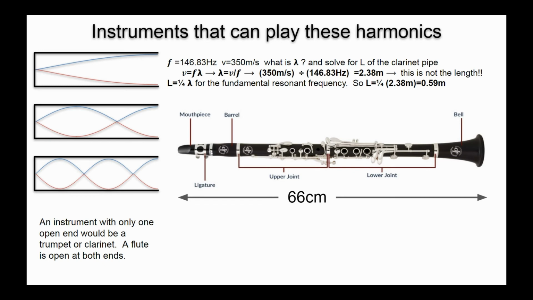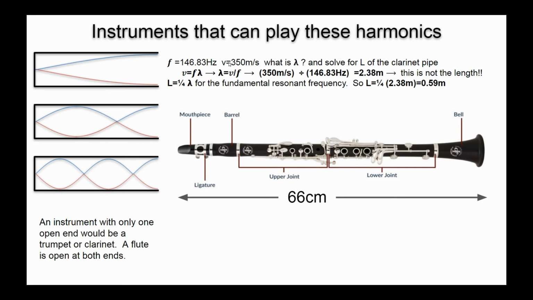So the lowest note on a clarinet would fit from here to the bottom. Now, the clarinet is 66 centimeters long. That's an actual clarinet. And if we play the lowest possible note on a B-flat clarinet, it's 146.83 hertz. You can look it up. I'm not lying.